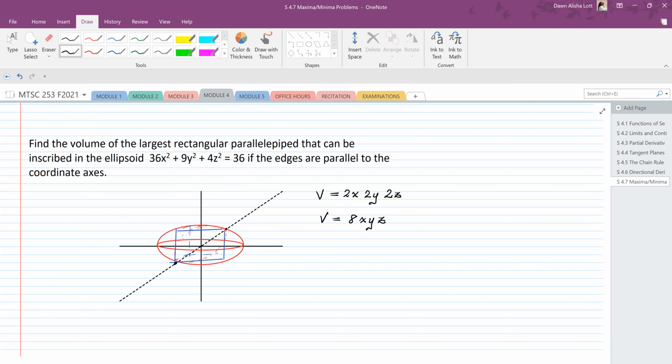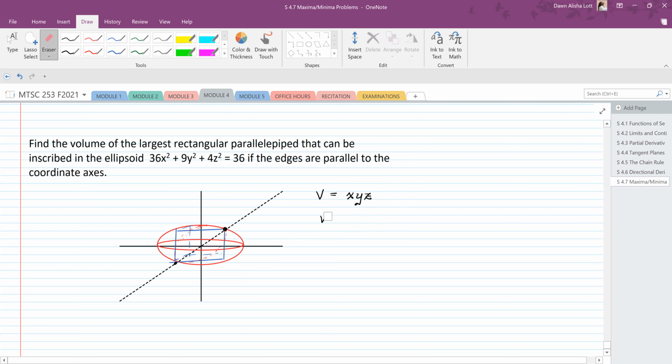Oh no, the edges are parallel to the coordinate axes, so I don't have to do twice as big. It's only backed up against the origin, so it's just going X, Y, Z. And then the corner edge of this box is on the ellipsoid.